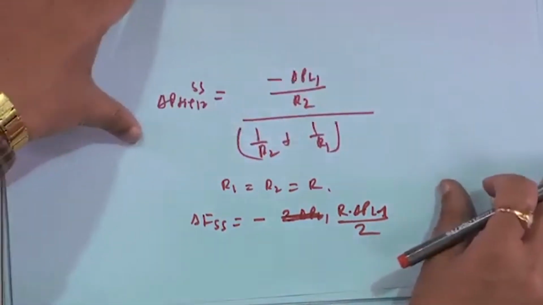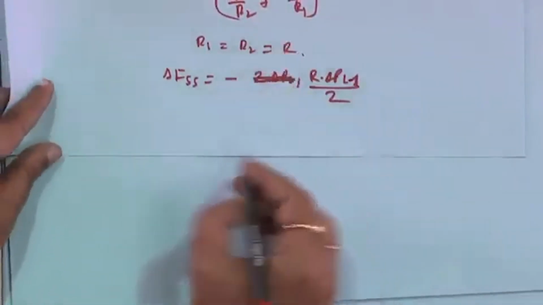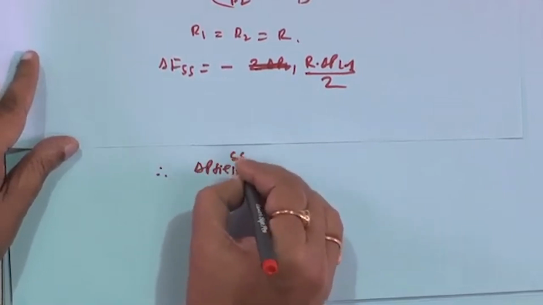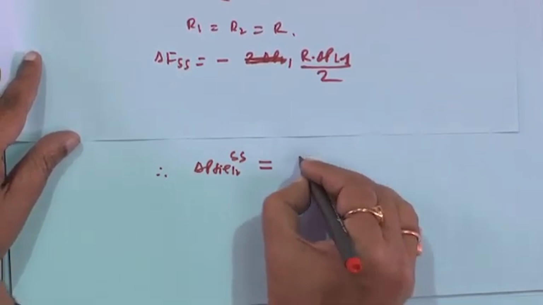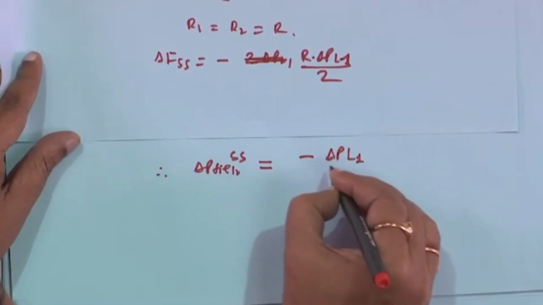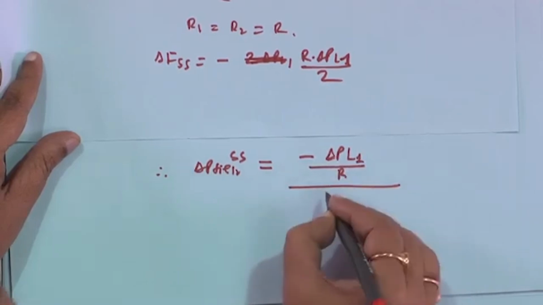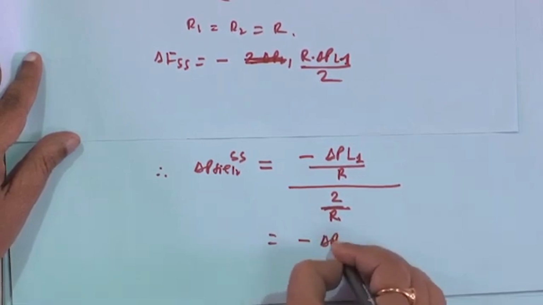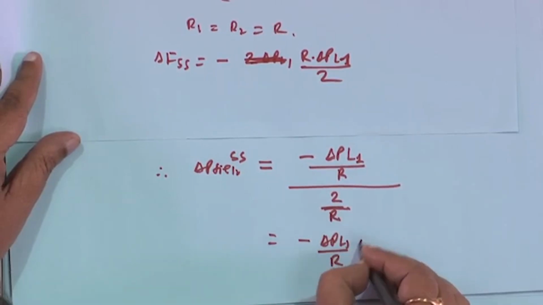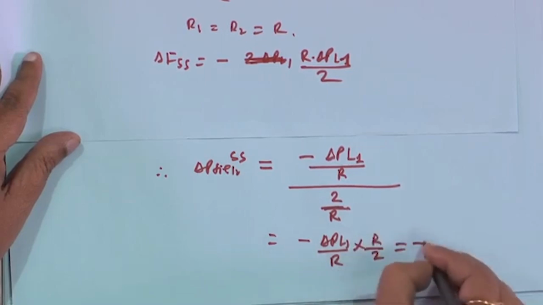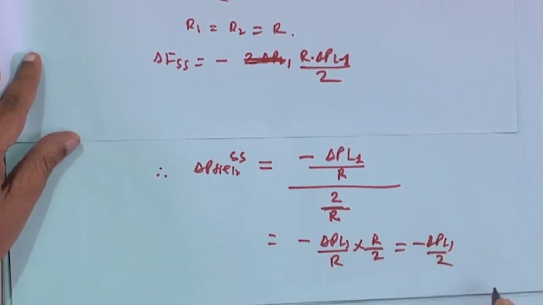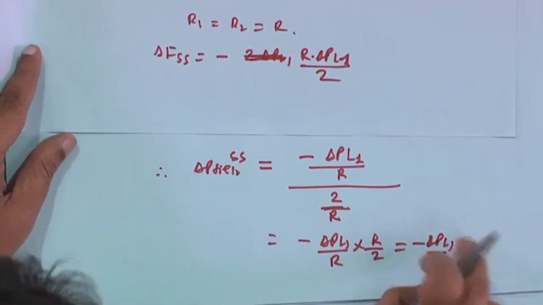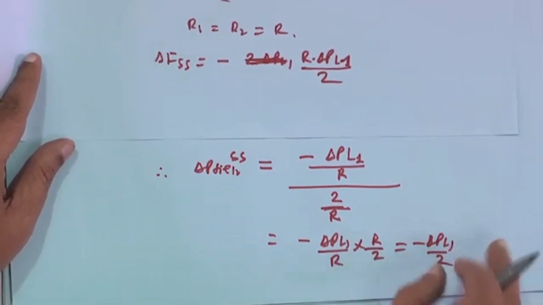Similarly, for tie power, if they are the same, delta P tie 1-2 steady state is equal to minus delta PL1 divided by 2 by R, that means minus delta PL1 into R by 2. So it will be minus delta PL1 by 2. That is when D1 and D2 are equal to 0 and R1 is equal to R2 is equal to R.